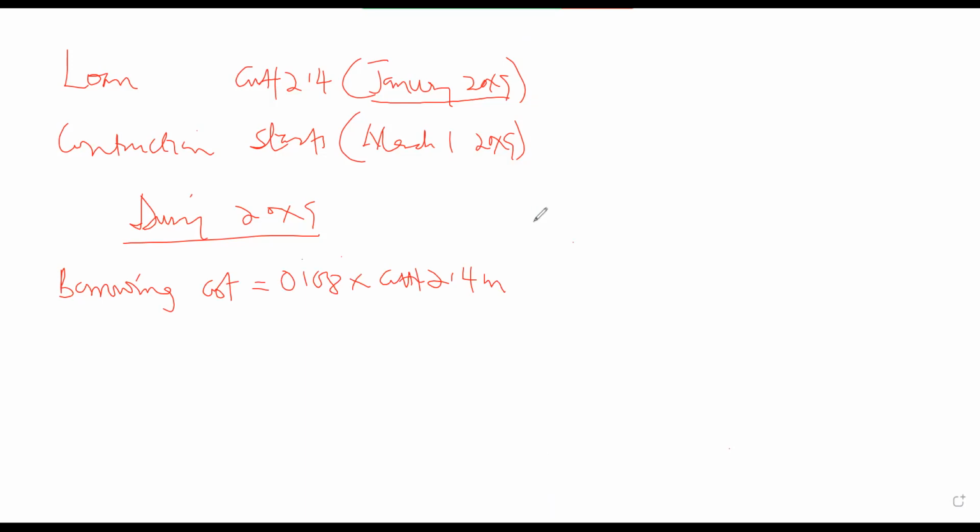Yes. Or you can first find the borrowing cost before you share it into 10 months and 2 months. So you can do it 10 over 12 over here. This is the borrowing cost to be capitalized. Okay, what are we getting? 1.92?